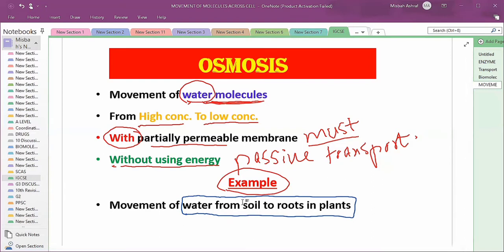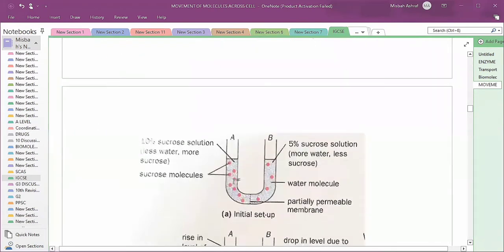In our body, wherever water is moving, it moves by the process of osmosis, right? Another example is when water is absorbed from the large intestine into the blood, that also occurs by osmosis. So these are the examples.